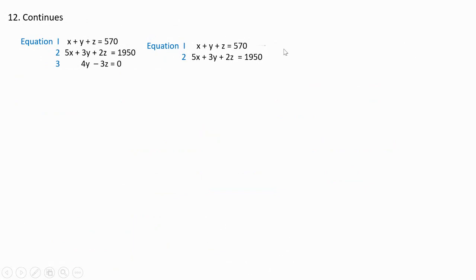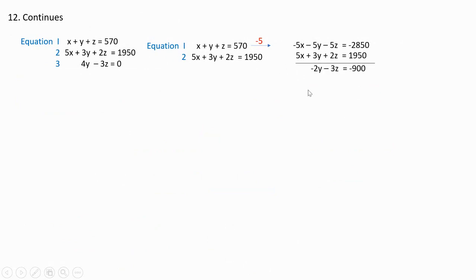So here I'm going to use equations 1 and 2 and get rid of the x's. I'm going to multiply the first equation by -5. Again, why -5? Because -5 times x will give me -5x. Then when I add it to the 5x in the second equation, they'll be eliminated. But I have to multiply -5 times every term. So this is my result: -5 times x, times y, times z, and times 570. Equation 2, we just bring it down.